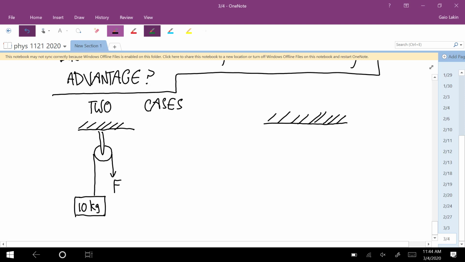So in this one, let's say that we have a pulley connected to the ceiling.